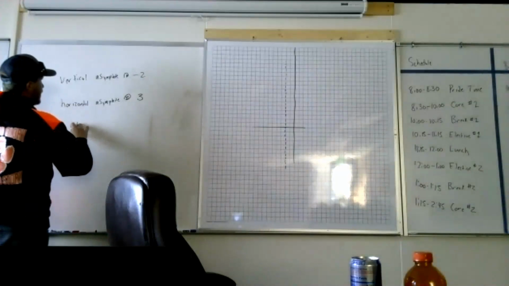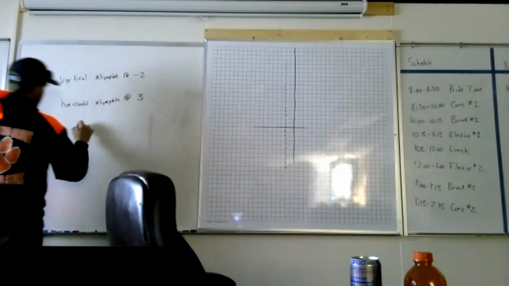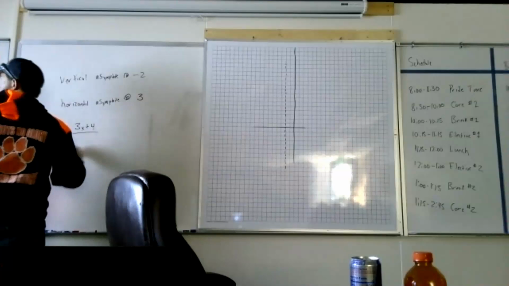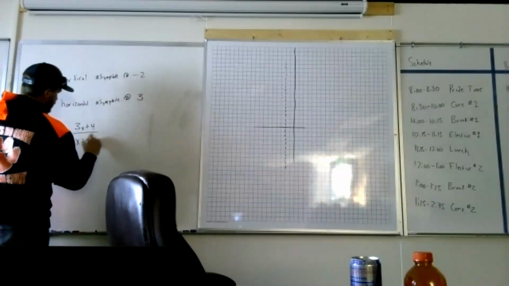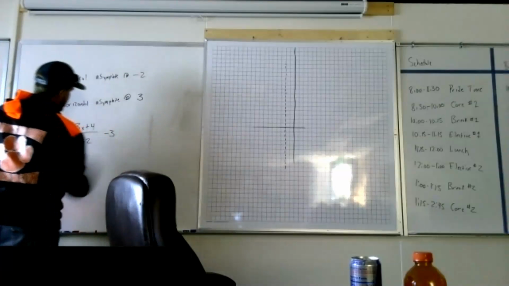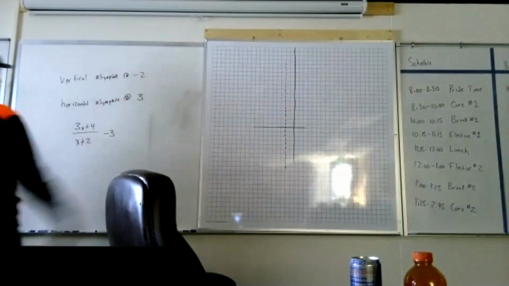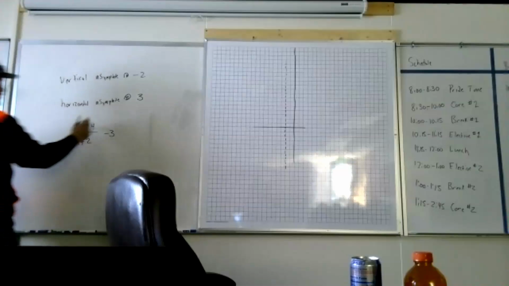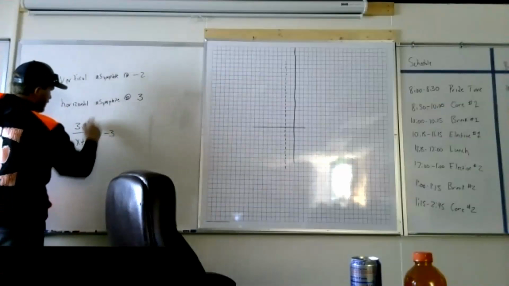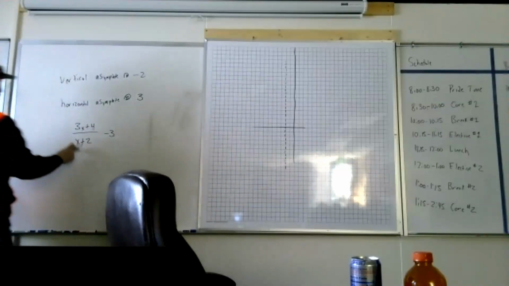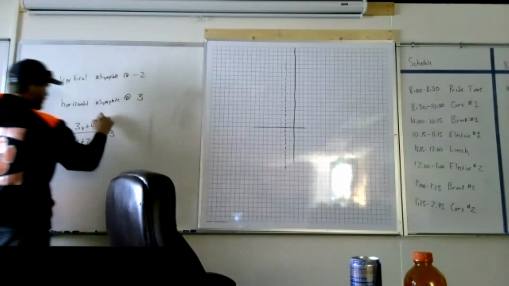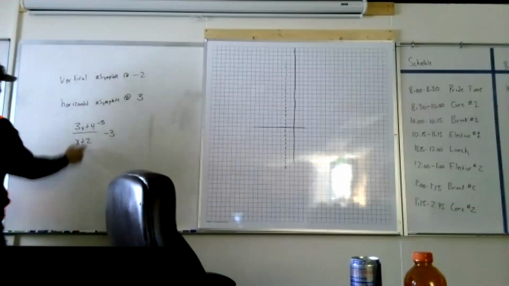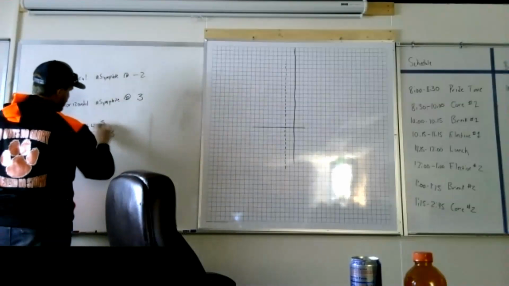So if I plug in -3 into (3x plus 4) over (x plus 2) minus 3, 3 times -3 is -9 plus 4, that's -5 on the top. -3 plus 2 is -1.